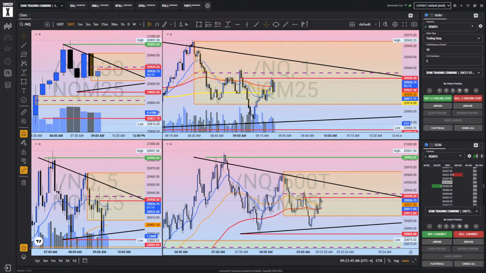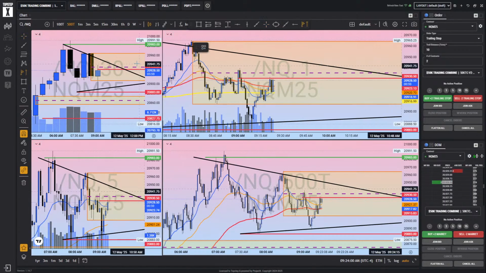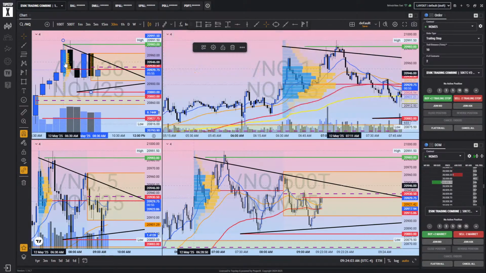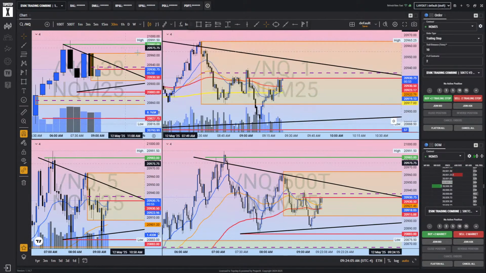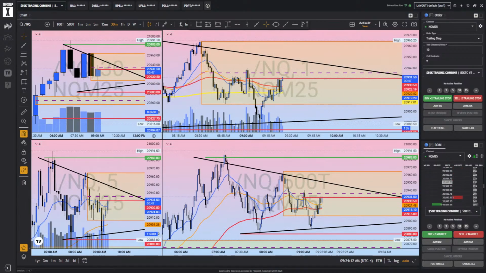Okay, so we're going to specifically have, there's that one level we were talking about earlier in the volume profile, right? It was like here. Yeah, there it is. Let's see this out here.